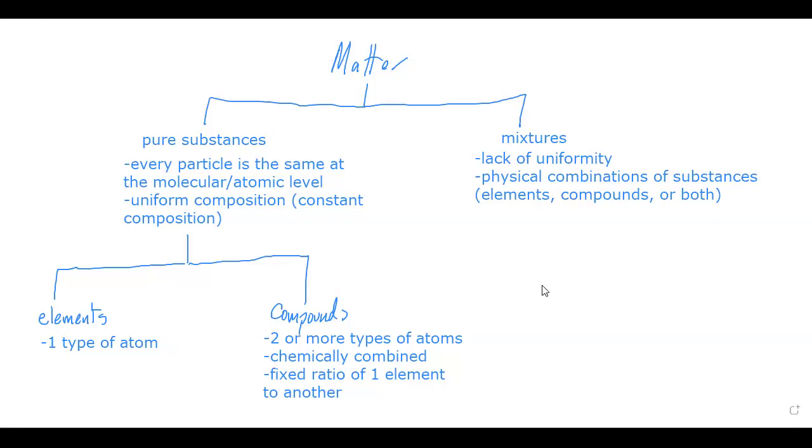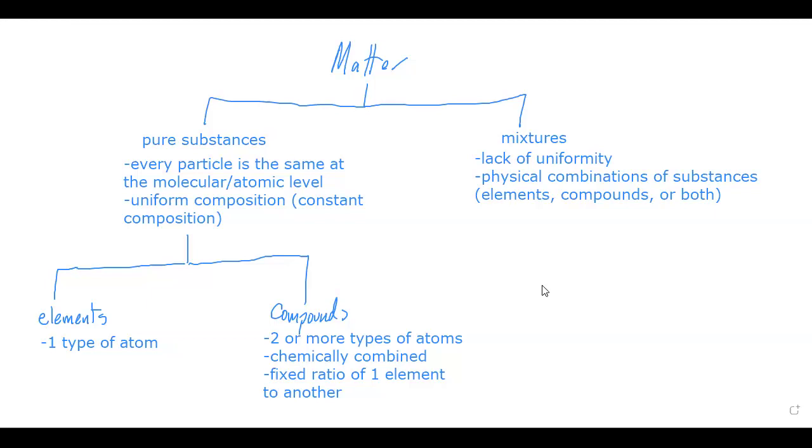Now, that doesn't mean I stir in the opposite direction. It means I have to get the water out. So if I boil the water off, I can get the sugar and the flavor packet, and then I can use another way to get the flavor packet out as well. But that's what I would do. Physical process brought them together. Physical process can tear them apart. I can't do that with a compound.